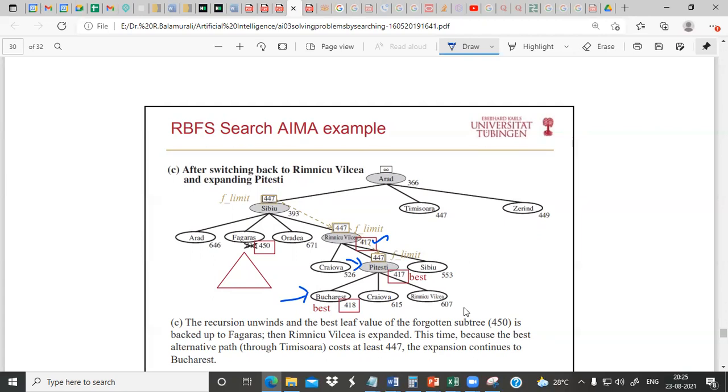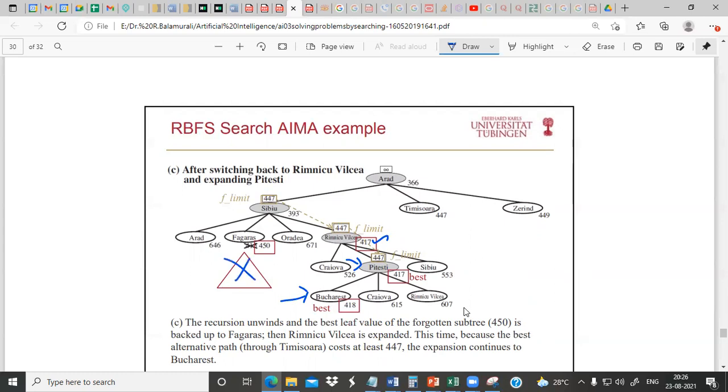If you see, in A star, first the algorithm went through Fagaras and then it will turn back. But there it will go fully. Fagaras will be fully explored up to Bucharest. But here we are not doing that. Whenever a path is exceeding beyond the f limit, we totally shrink that.